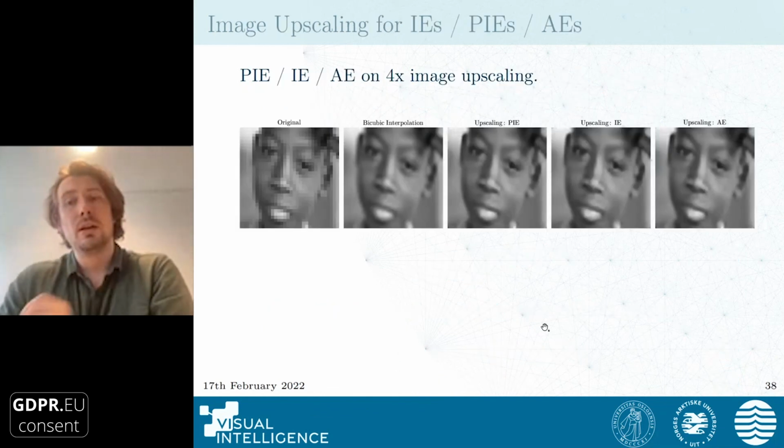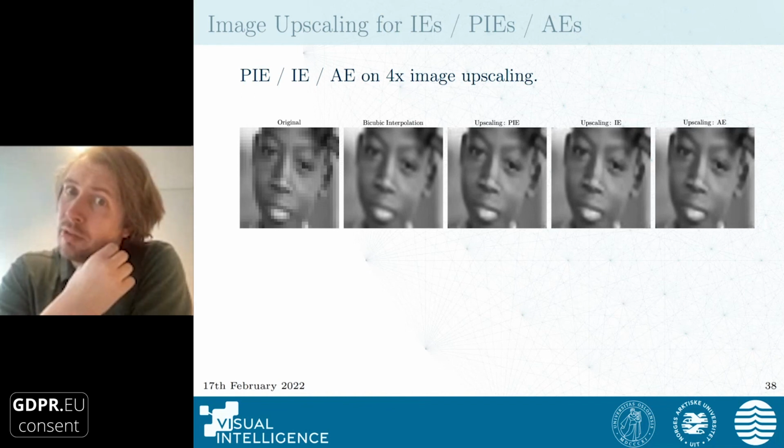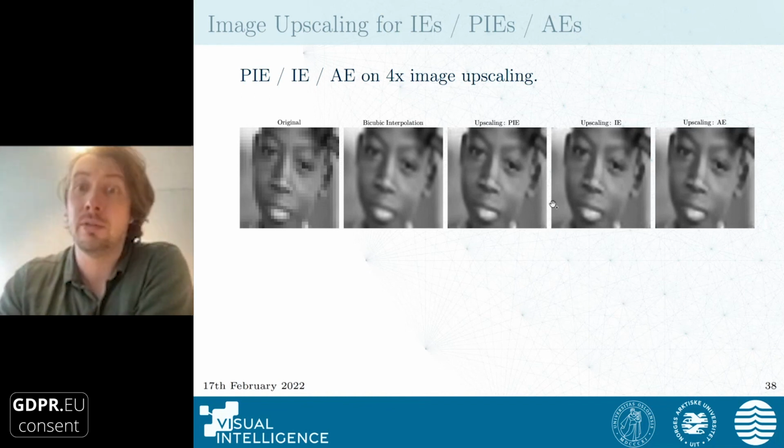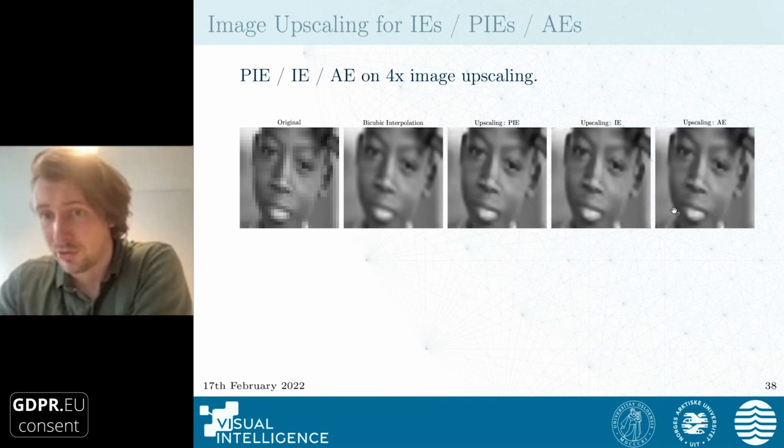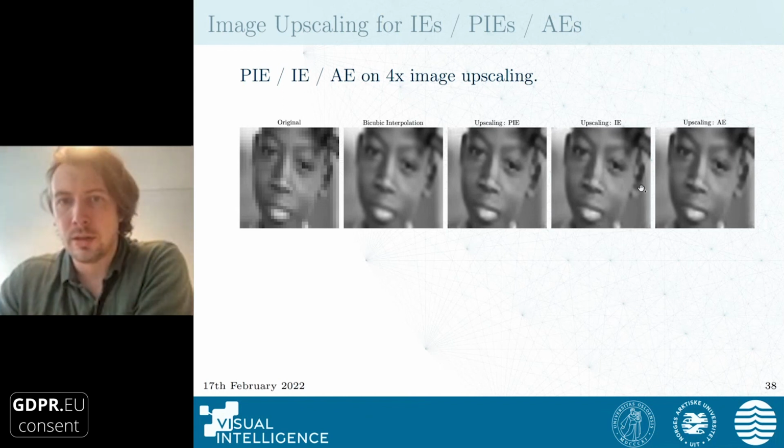So here's an example of some results. We did some image upscaling with invertible encoders. It's very hard to see any differences here, but all these three models did quite well.